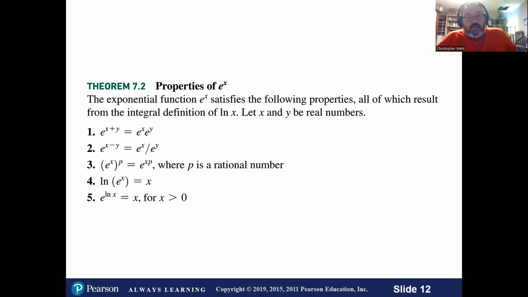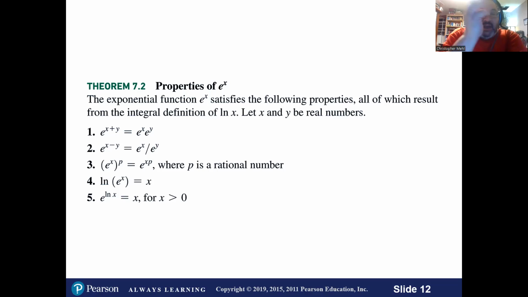So, properties of e to the x. The exponential function satisfies the following properties. Again, we've seen these before, although we mainly took them as given. You can view the logarithm as turning products into sums; the exponential does it the other way, right?